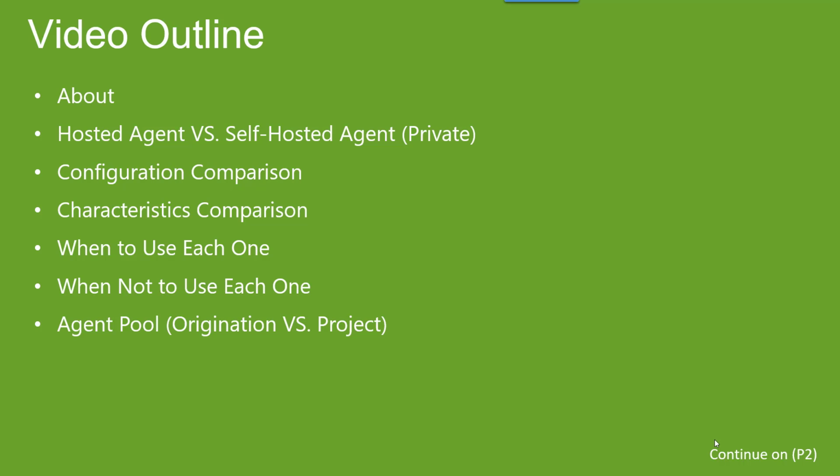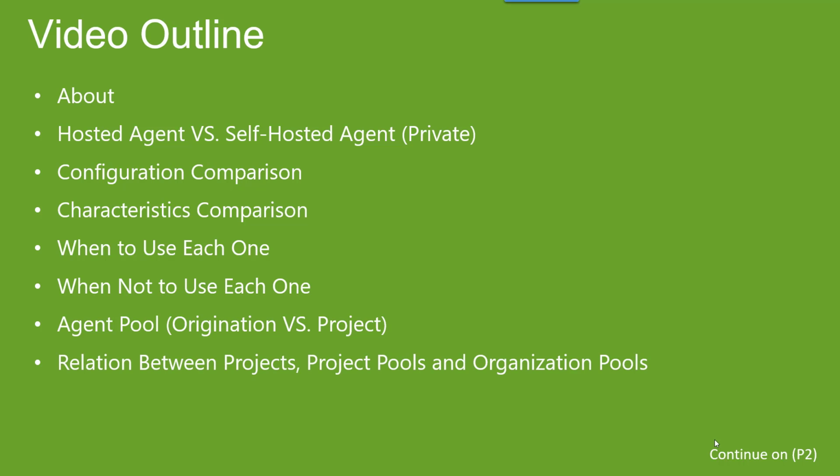Then we will understand the difference between the organization pool and the project pool for the agent. Then we will understand the relationship between projects, project pools, and organization pools. After that, we will understand how we can delegate the organization pool admin to a project admin.